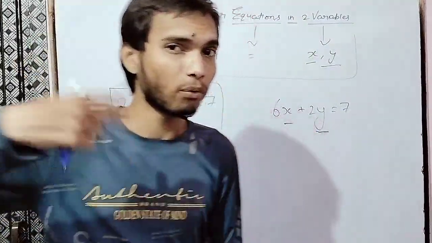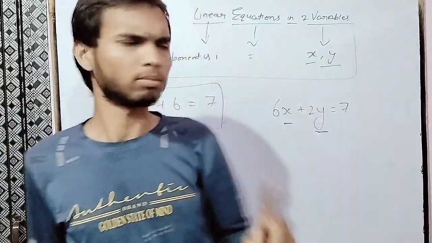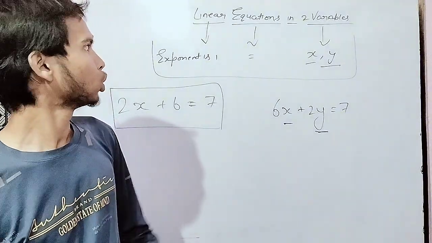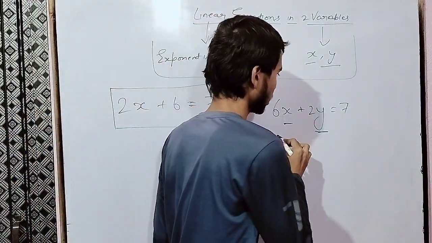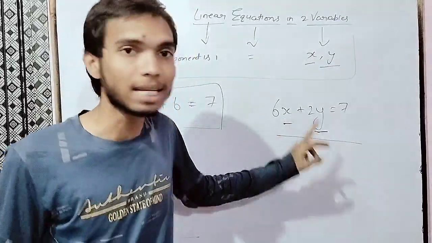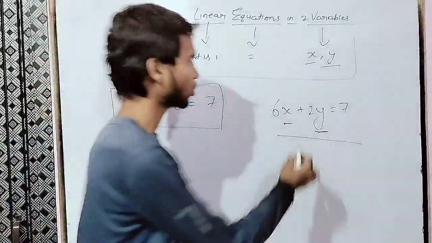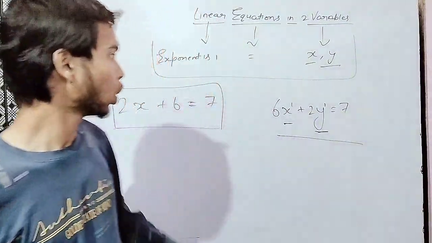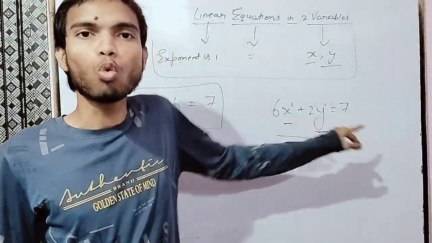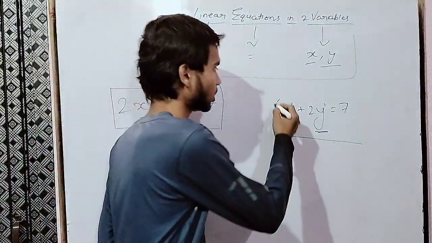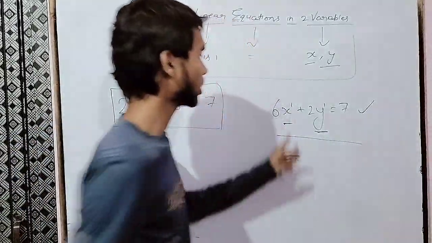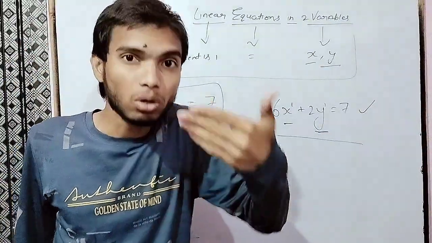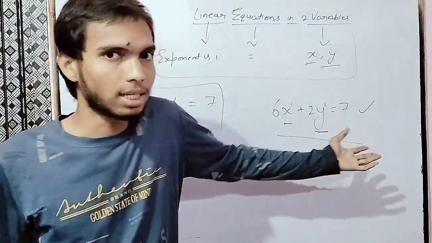We have two different variables, two letters taken at random. This is a linear equation because the exponent is 1, which is always hidden. The reason is that the exponents of both variables are 1. That's why this is a linear equation.